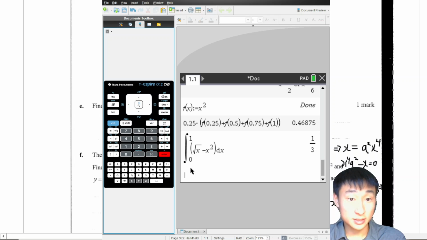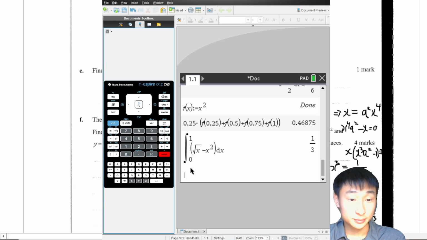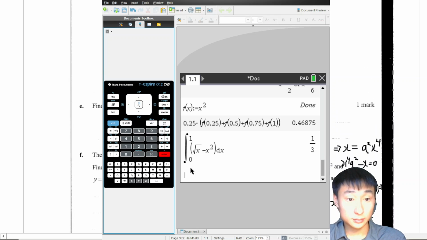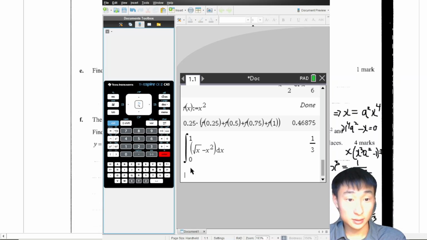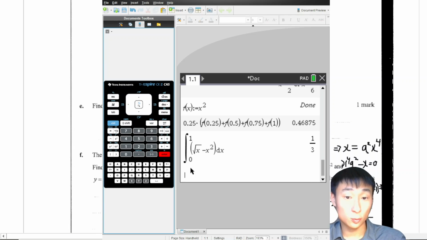If that's the case, then a is equal to a half. Okay, so if there's a dilation of less than 1, then that's fine. That looks fine. You're just going to get one single value of a here.